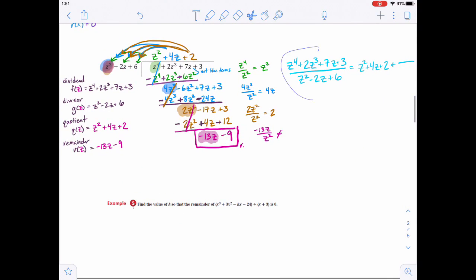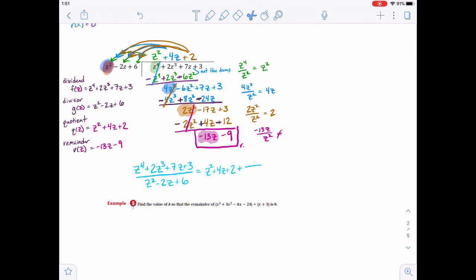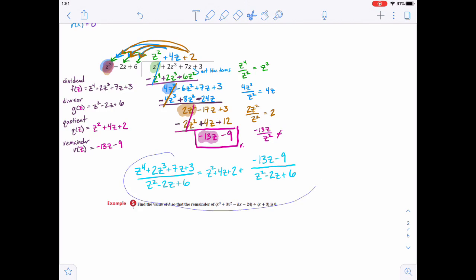Our remainder, which is negative 13z minus 9, divided by our divisor, z squared minus 2z plus 6. So that's one way to write it.